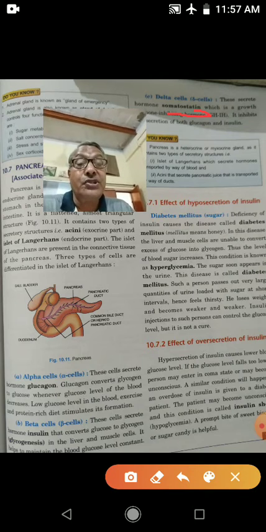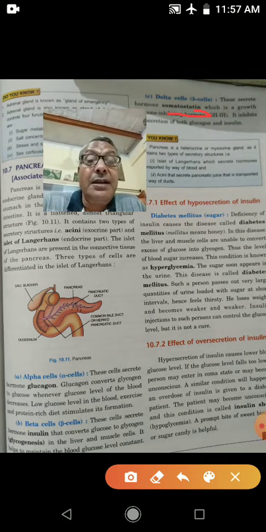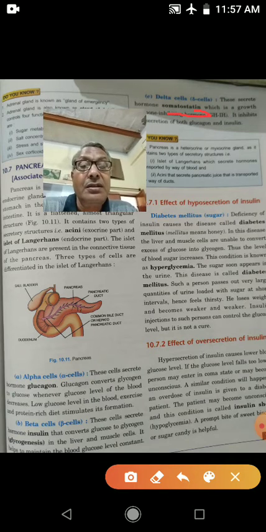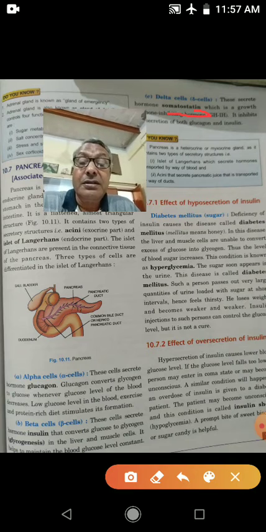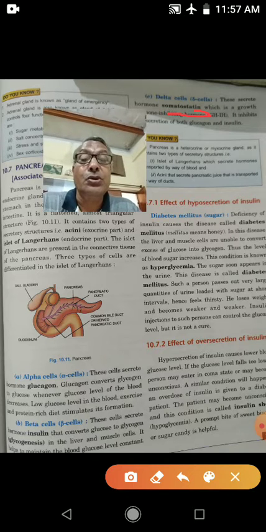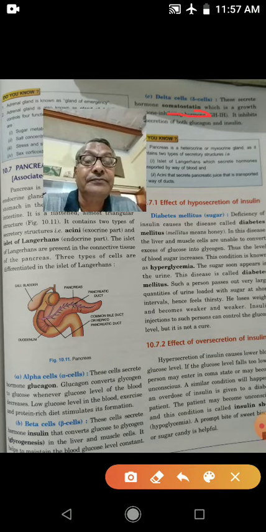Children, you have to study the effect of hyposecretion of insulin. Insulin decreases the level of glucose in the blood by converting excess of glucose into glycogen.